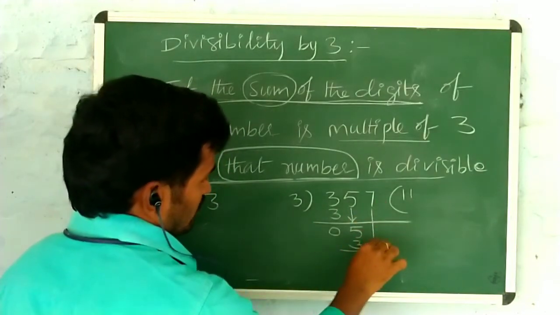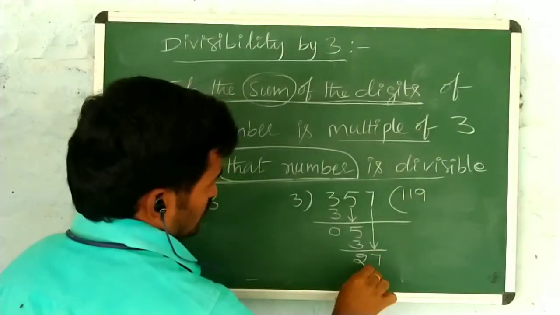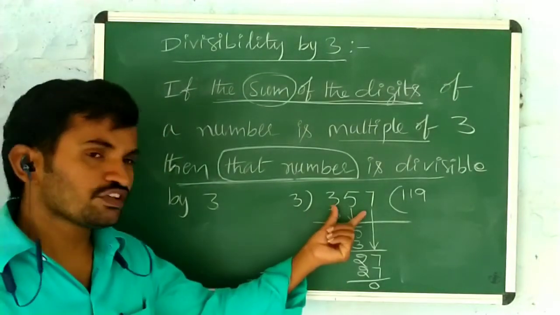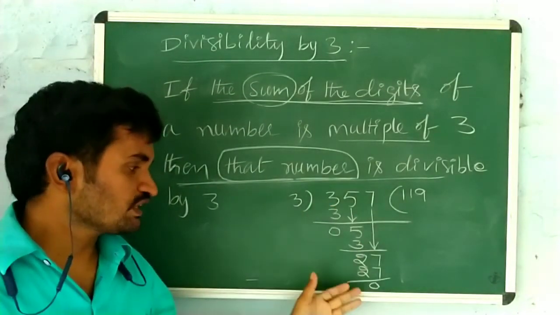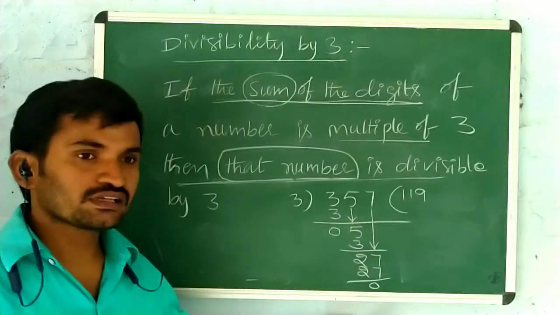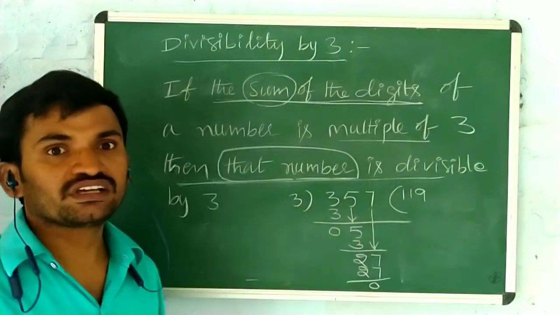Next taking 7, 27. 3 9s are 27, so remainder 0. See, is 357 divisible by 3 or not? By doing the actual division method, we are also concluding that 357 is divisible by 3.